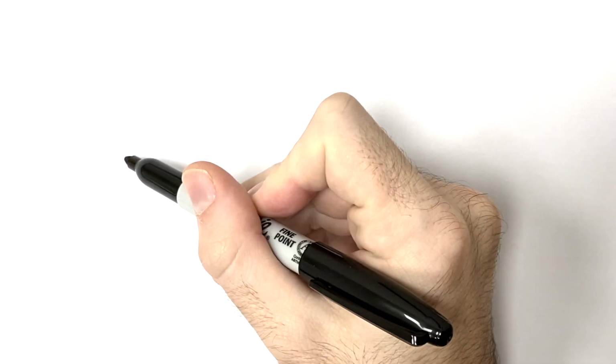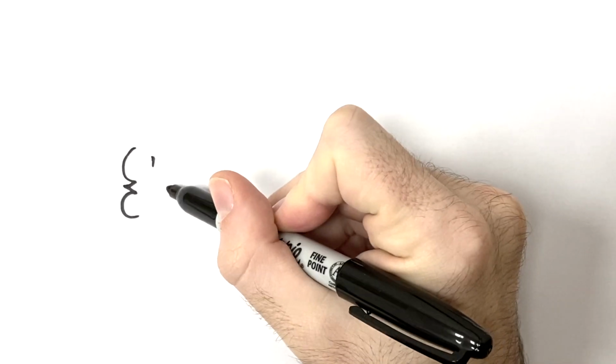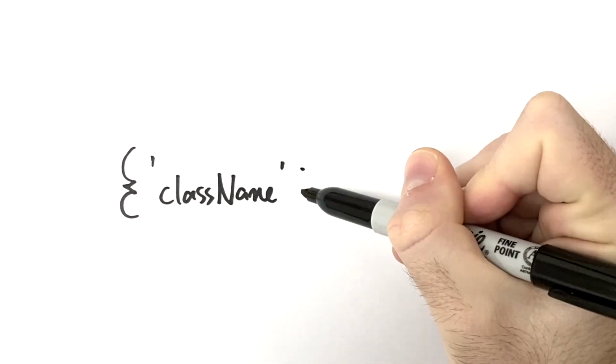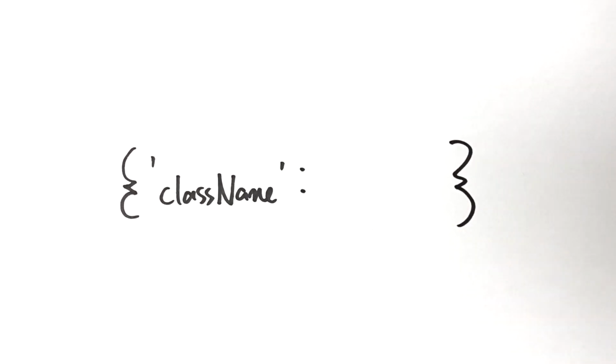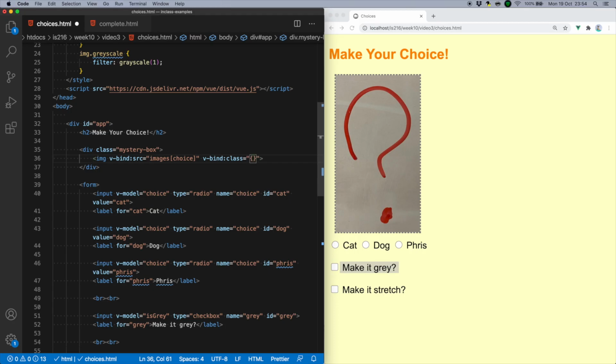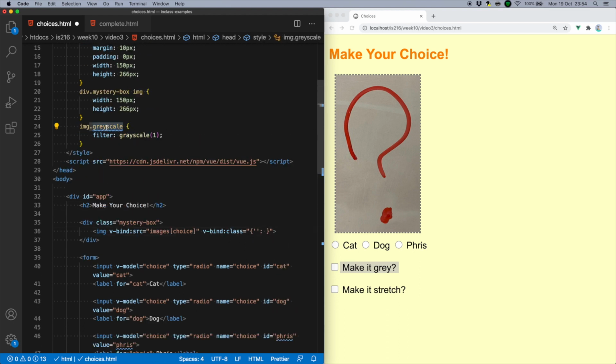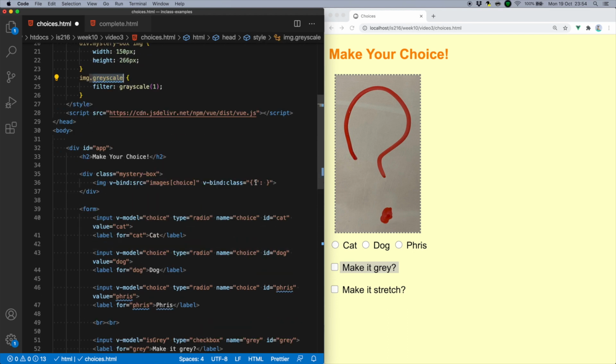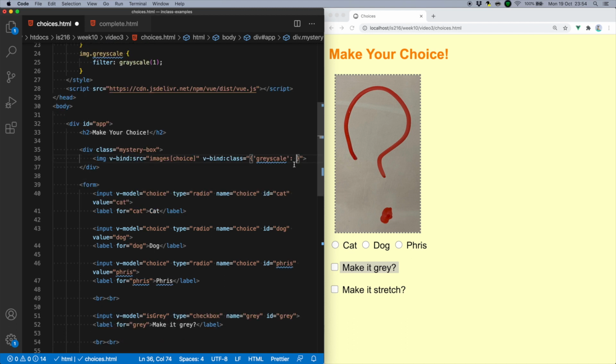The property names of this object should be the names of the relevant classes, and the value should be true or false to indicate whether or not you want that particular class to be active in the element. In our case, conveniently, we want the class grayscale to be active when isGray is true, and inactive when isGray is false. And so we can simply use isGray as the value.